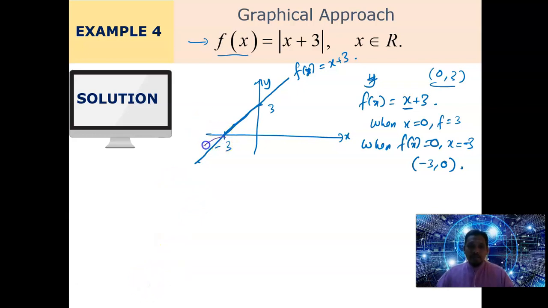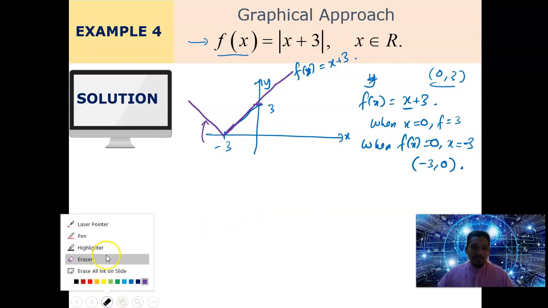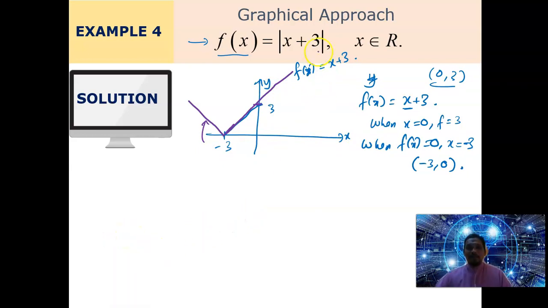For this part only, we are going to reflect it through the x-axis, above here. Okay, sorry. So then we are going to clear all this. There you go. So there is the graph of the absolute value of x plus 3.